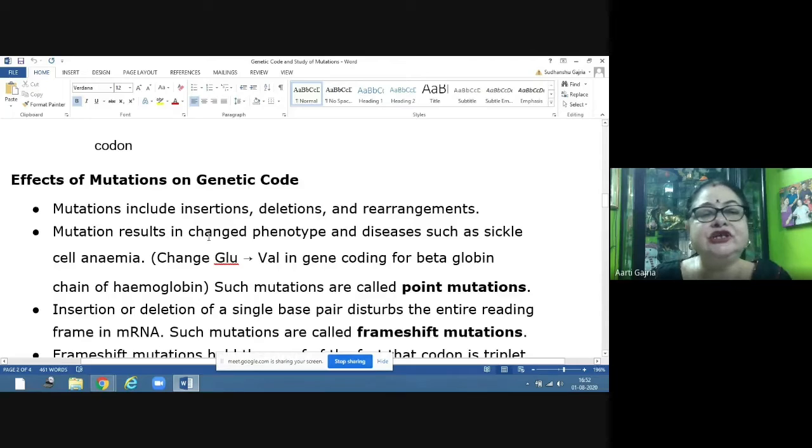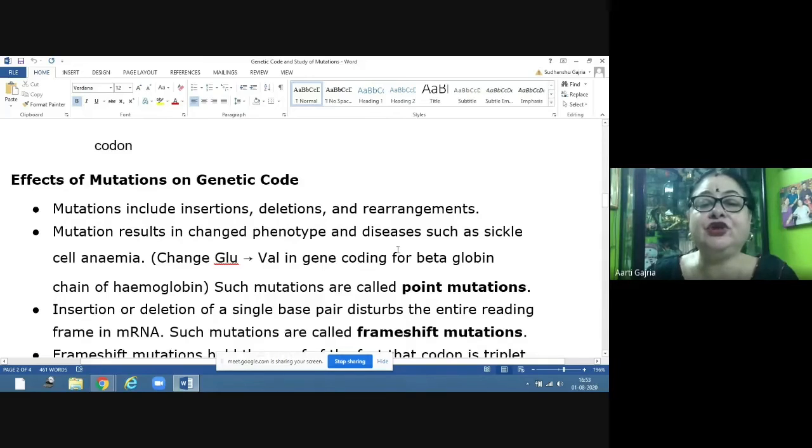Now, mutation can be insertion, deletion, inversion, or rearrangement. So all these things happen in mutation. What is the result of the mutation? Because of the change in the genotype, it is changing the phenotype of the person.